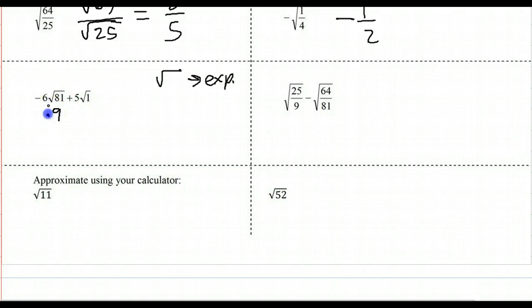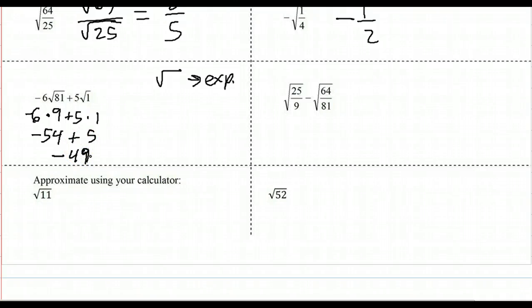And there's an operation between that radical and here, and since it's not given, it's a multiplication. Square root of 1 is 1. -6 times 9 is -54, plus 5, and then we have to add them, so -49. So we did our exponents, and then our multiplications, and then our addition, and then that is your answer.